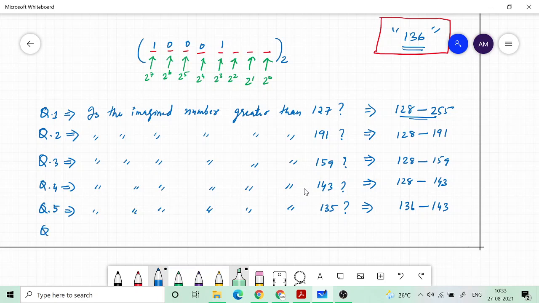So what is the next question? It's a very narrow range. You see, 136 to 143. There are only 8 numbers.